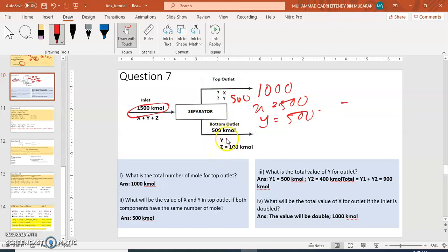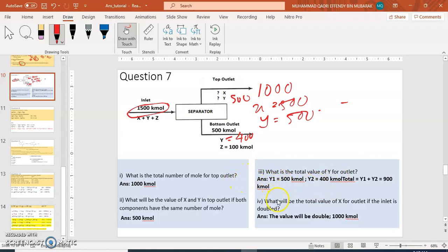So for sure, Y will be 400. For the outlet, we need to add the Y in both outlets. So for the top outlet, the value of Y is 500, while for the bottom outlet, the value of Y is 400. We add them together, so that's why we get 900 kilomole.